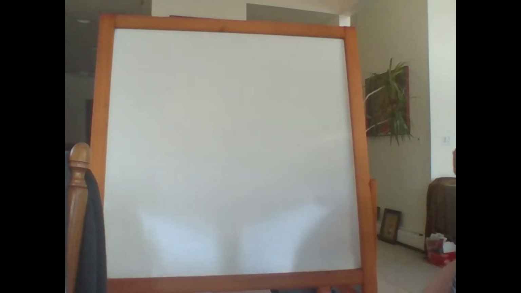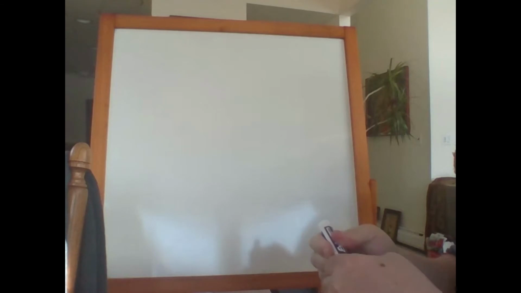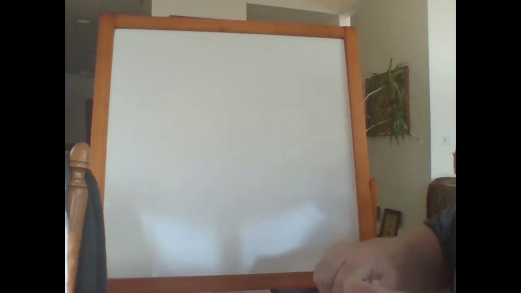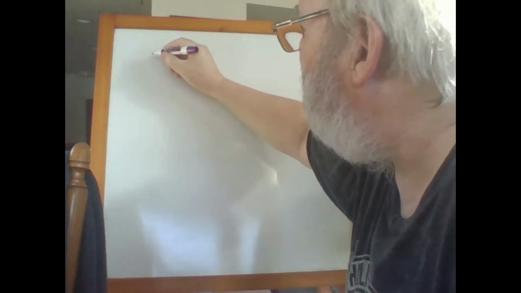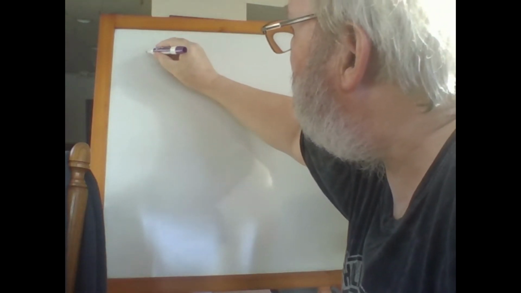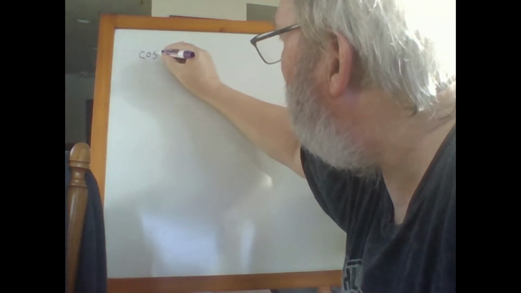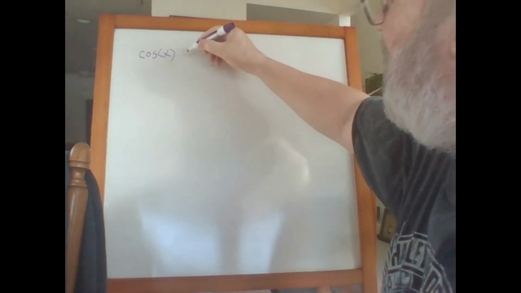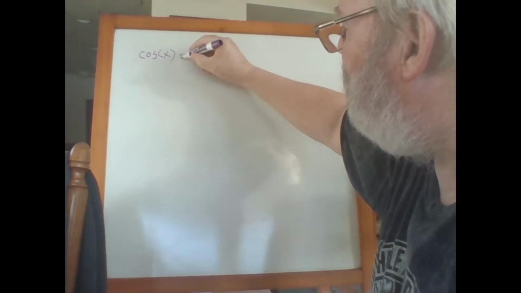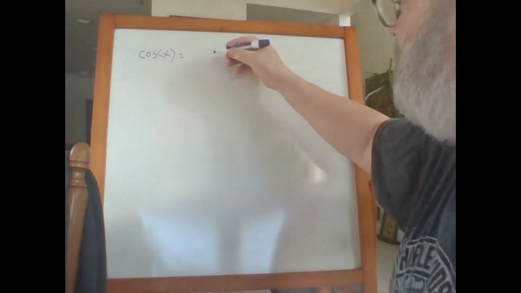Now, what I'm talking about is, let's see if I can, I'm beginning to run out of ink, these pens. Let's take a look at the cosine function. So we're going to say the cosine of x. And yes, I do think that shows up. And what we're going to do is make it equate to an infinite series.